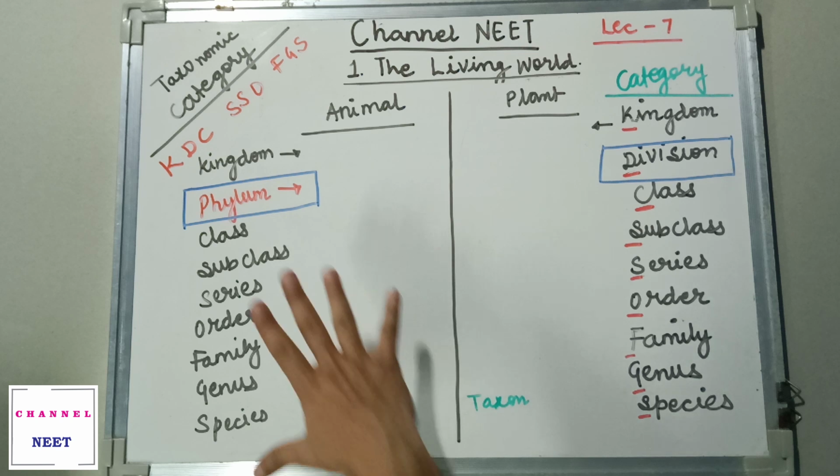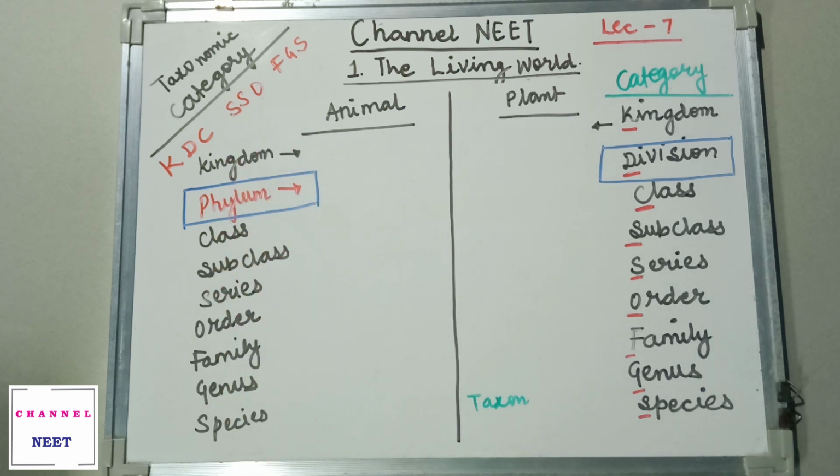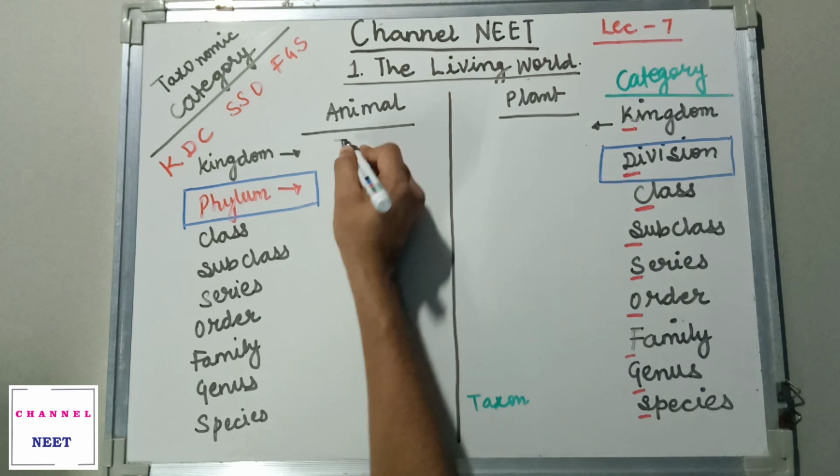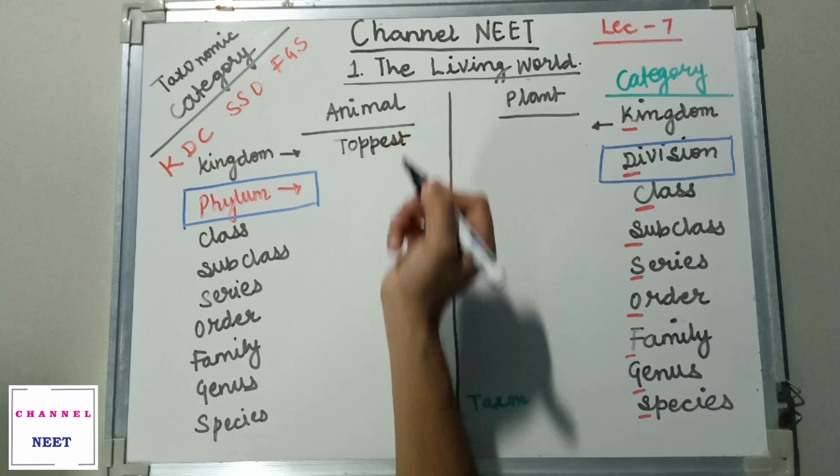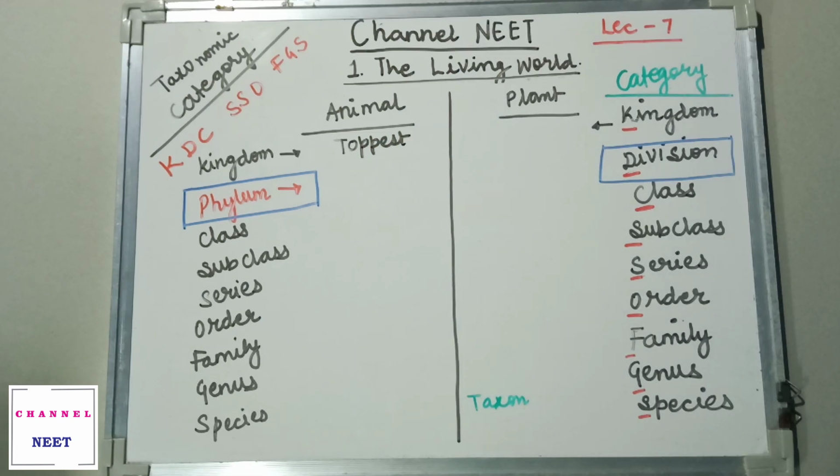So this is what we have with respect to taxonomic categories. Now, kingdom is the topmost rank, and species is the lowest.